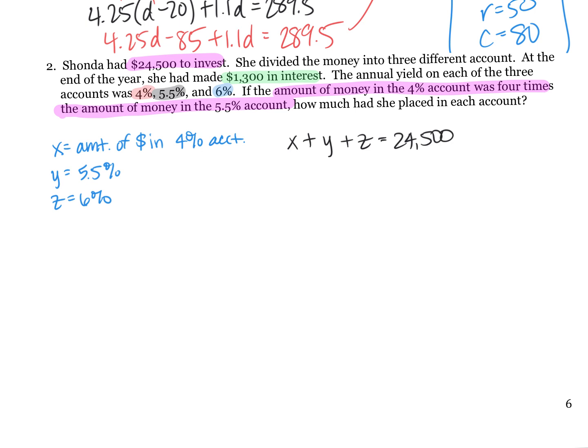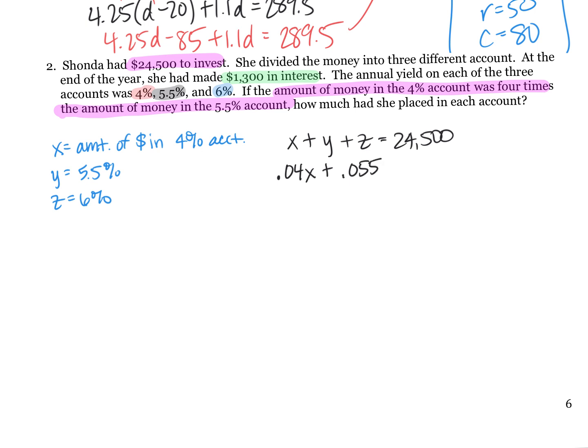To your point, Tuck, what if we said 0.04x? Because 4% as a decimal is 0.04, right? So that's saying this amount of money being invested at 4%, and Y amount of money being invested at 5.5%. What would that be as a decimal? 0.055.